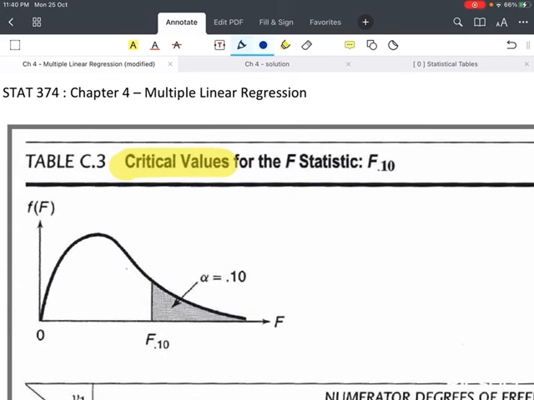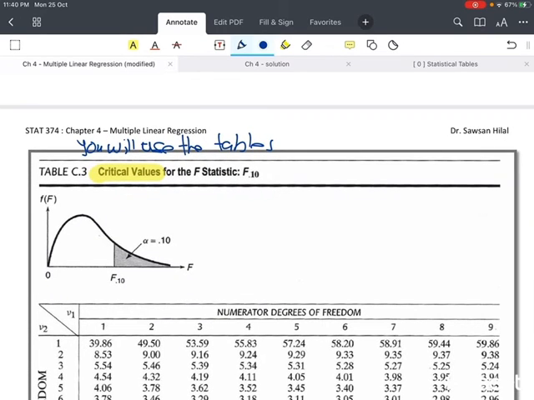You will find the values from the table. Then you will write your final conclusion. So we compare the value we got from the formula with the value we got from the table, and we will write our conclusion.